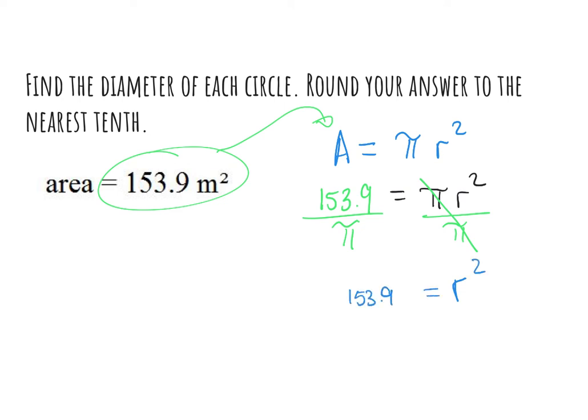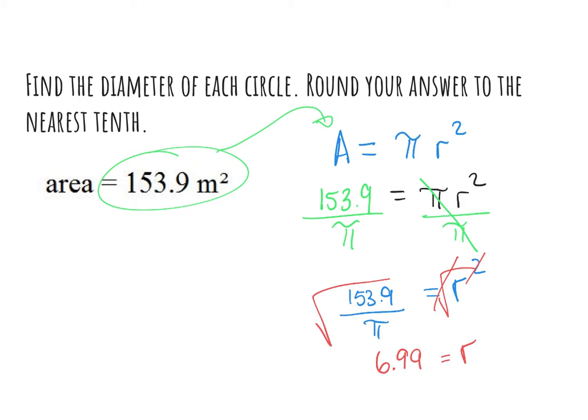In a previous unit, we talked about how to get rid of something that's squared. Well, the inverse of the second power is taking the square root. I'm going to take the square root, and what you do on one side, you do on the other. So I am left with r, and now I'm going to take the square root of 153.9 over pi. My calculator is going to say approximately 6.99.